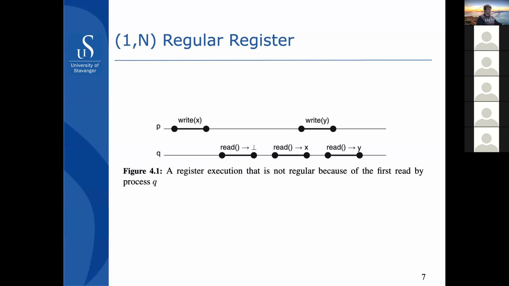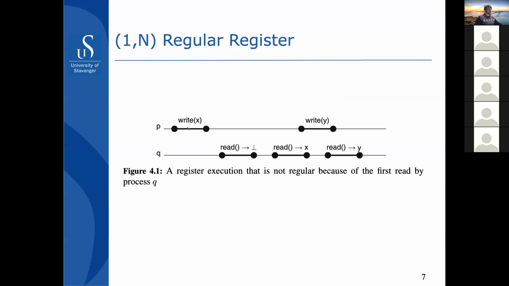This is one similar, like say a negative example where we don't have a regular register, or at least it's not working correctly.